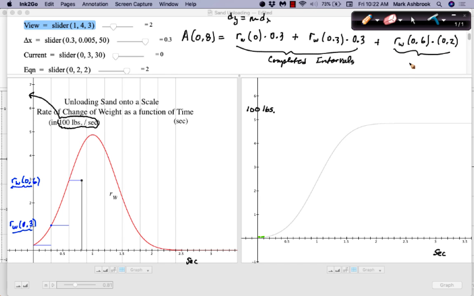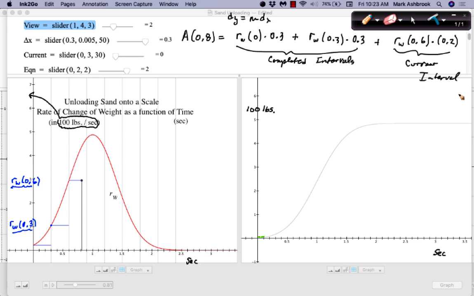If we freeze the x value somewhere in the middle, which most likely it will be, then we haven't done a full interval yet, and that's the current interval. So it's the sum of changes from completed intervals plus a little more change from the current interval.